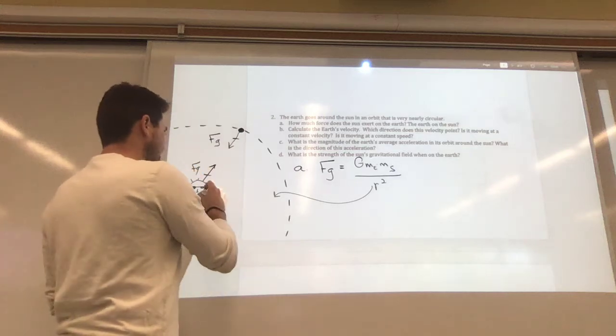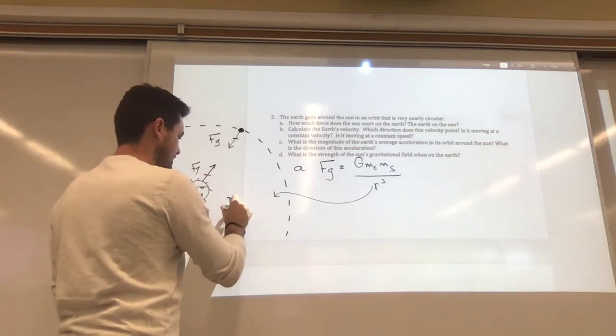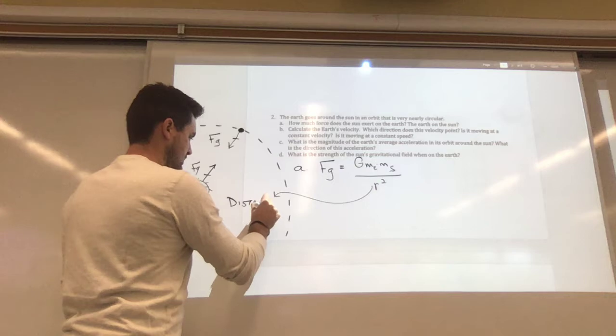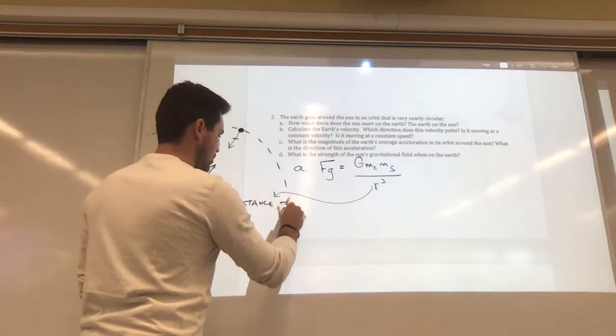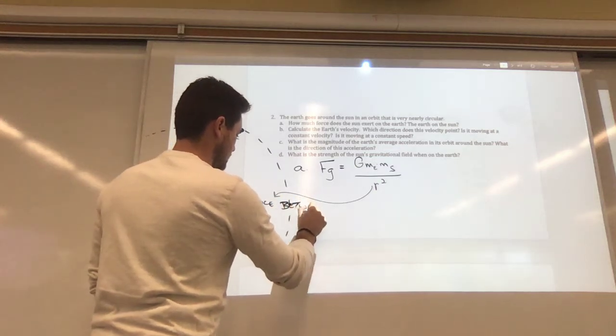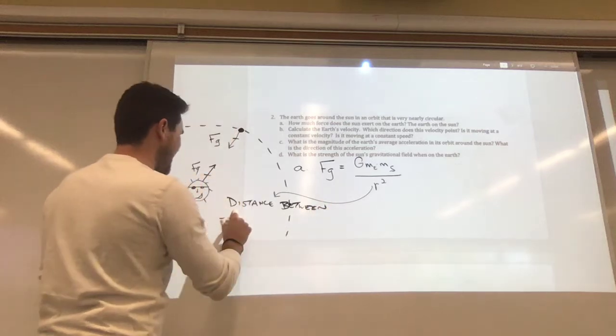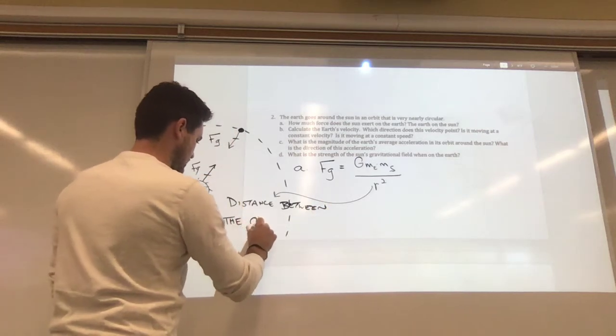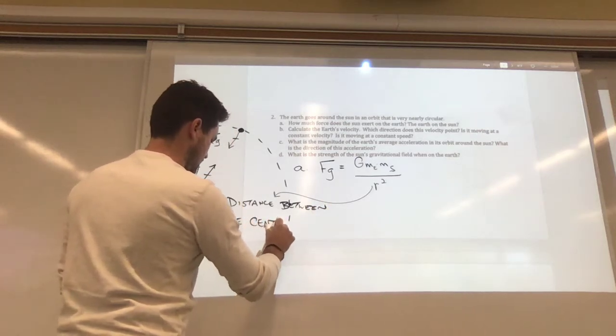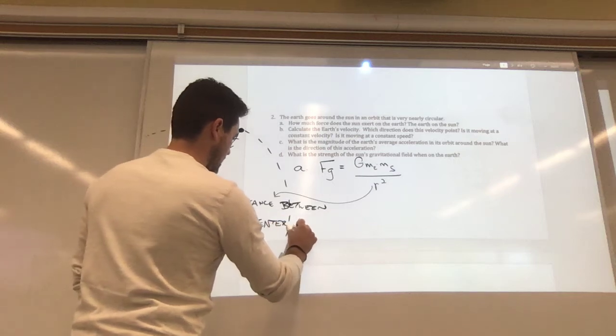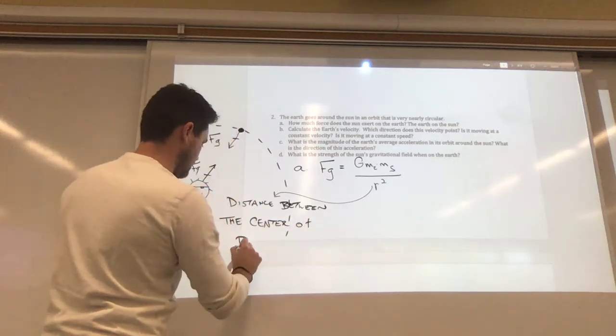This R value is actually the distance between the centers of both objects.